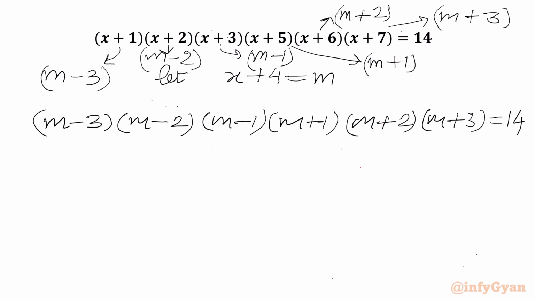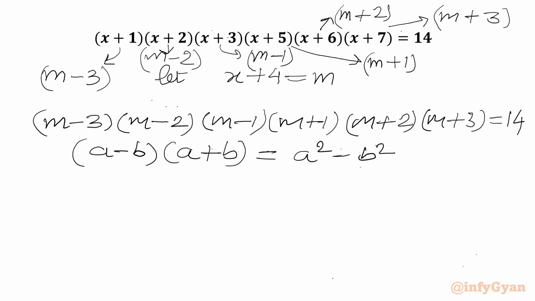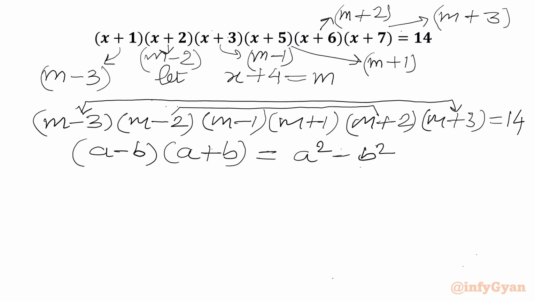Now we know the identity (a-b)(a+b) = a² - b². So we will consider first and last bracket all together, second and second last bracket all together, and the middle two brackets will multiply all together.